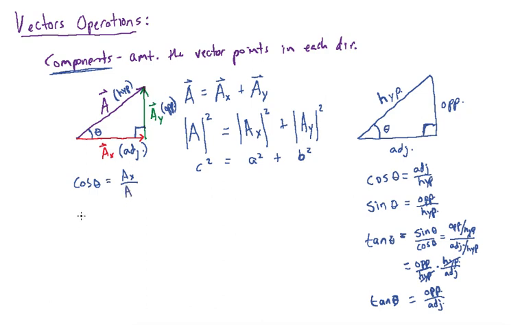And then the sine of the angle would be the opposite side, which is a sub y, right? Opposite from our angle there, a sub y over a. And then the tangent, and I won't go through the whole little derivation of that again, we'll just use this little version down here. It would be the opposite side, a sub y over a sub x.